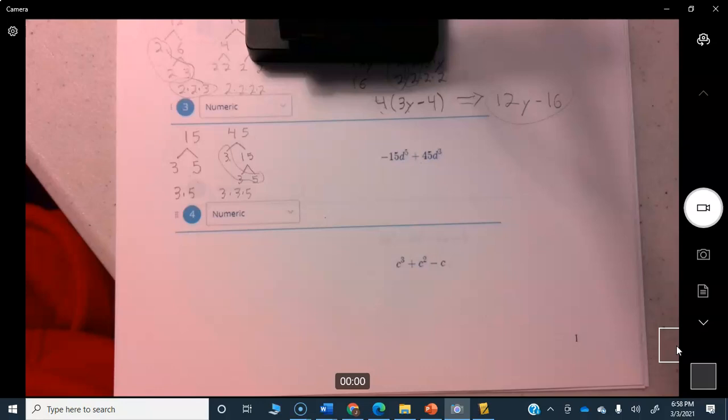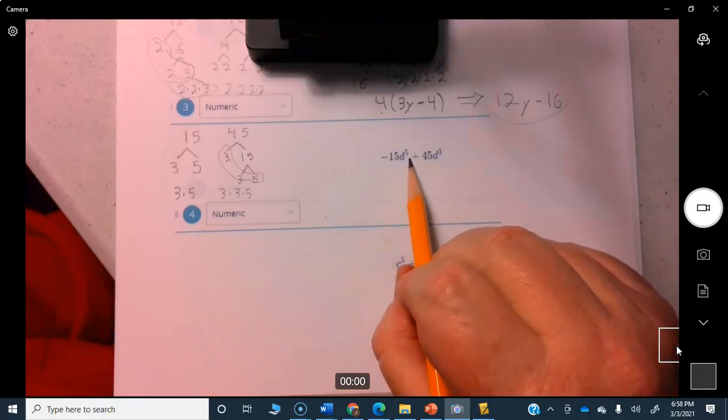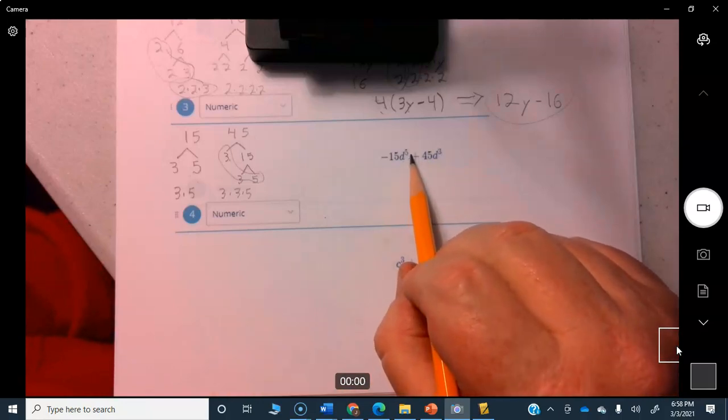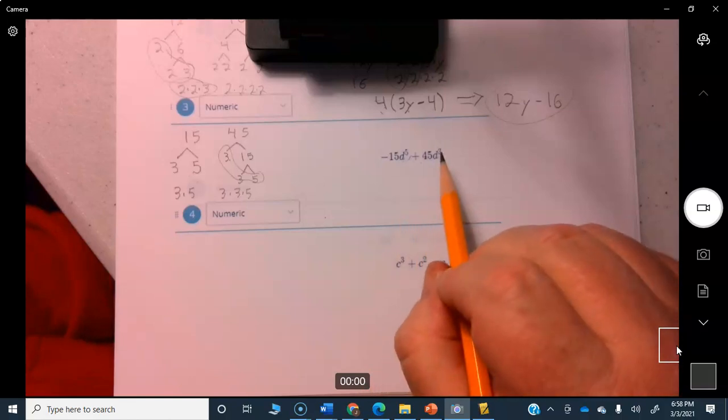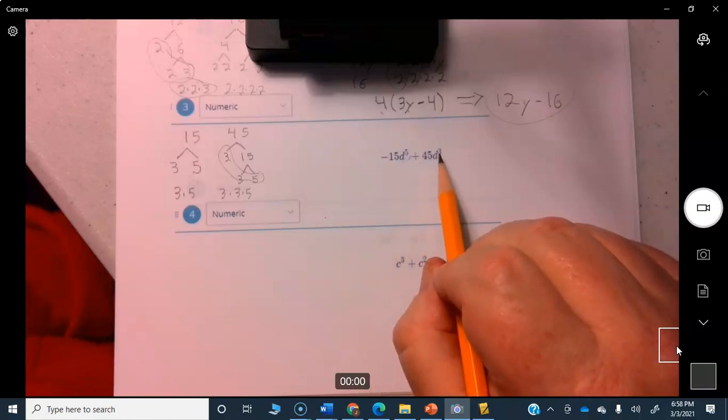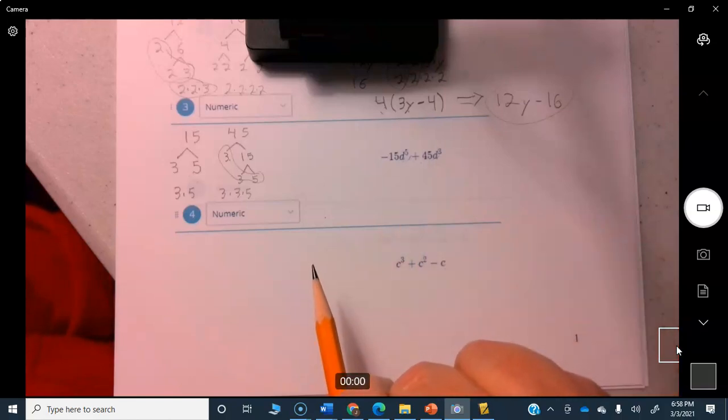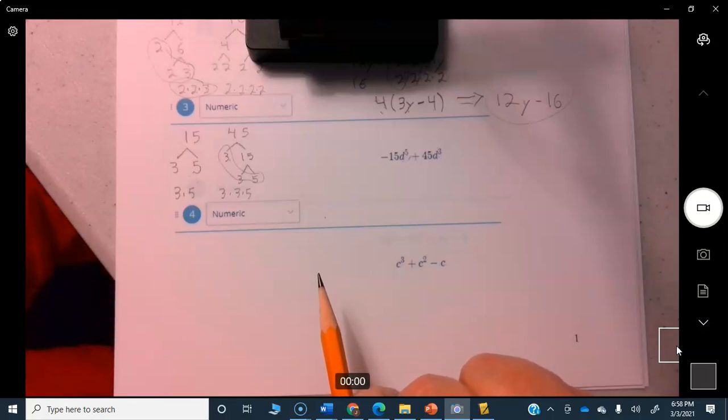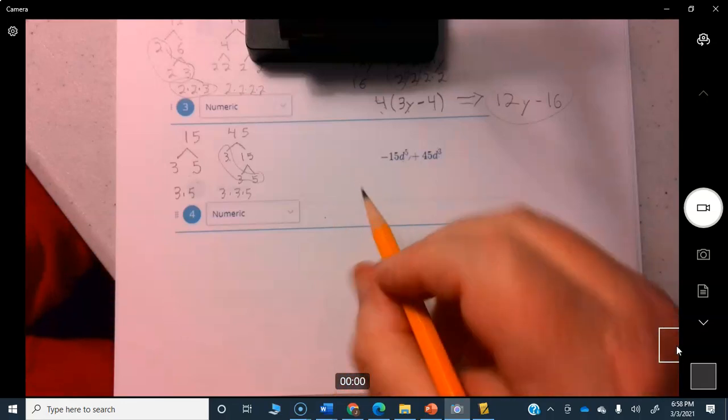Okay, there that is. Now, you've got d to the 5th. What does that equal? That equals d times d times d times d times d. That's what d to the 5th means. And d to the 3rd is d times d times d. Okay? So, let's go ahead and let's write this down.